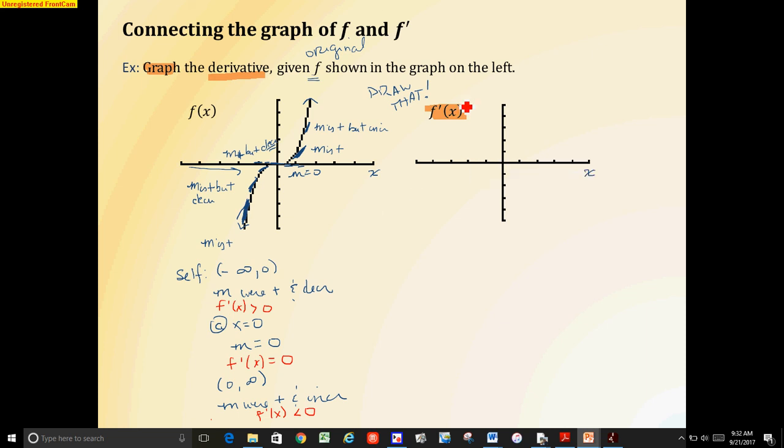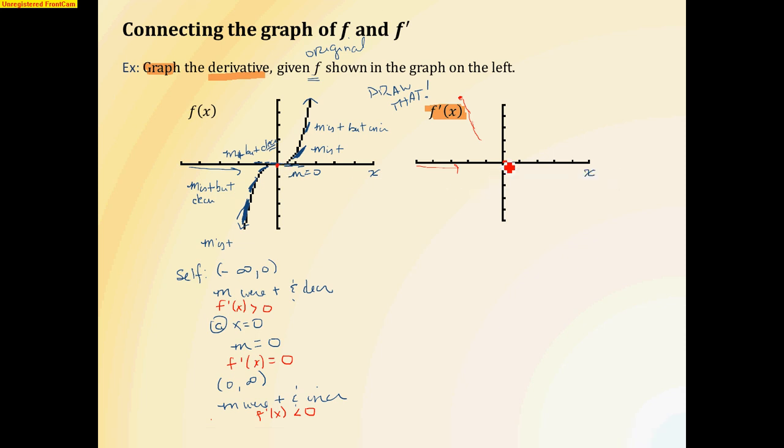Then as I went through the domain, left to right, the slopes were decreasing, decreasing, decreasing, until at 0, the slope was 0.